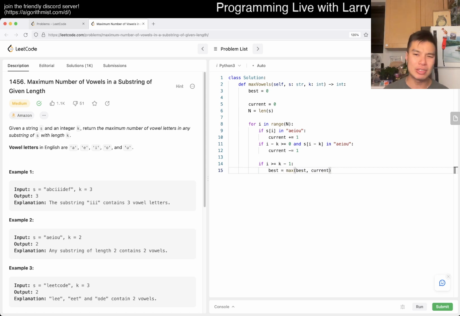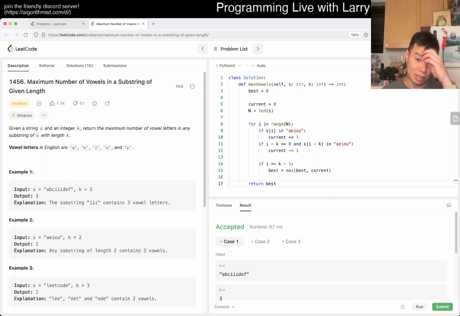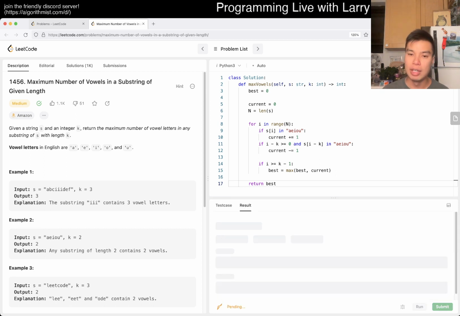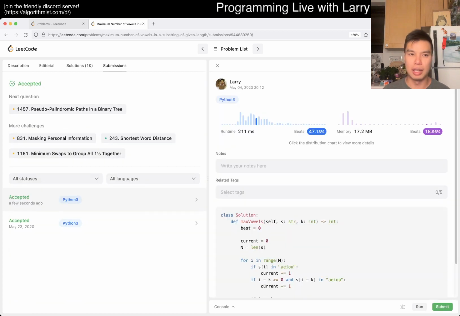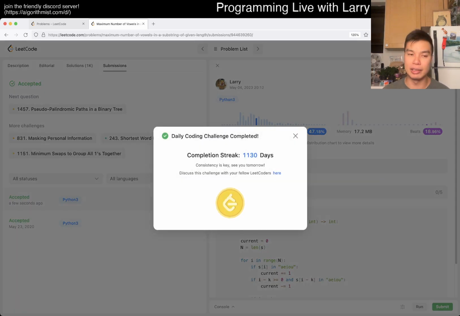But you actually don't need this, technically speaking, because in a greedy way, when this is true is when current and best is maximized anyway. It's not always the case for sliding windows, but in this particular problem it is, and it's fun to point out because it does come into play in other problems.